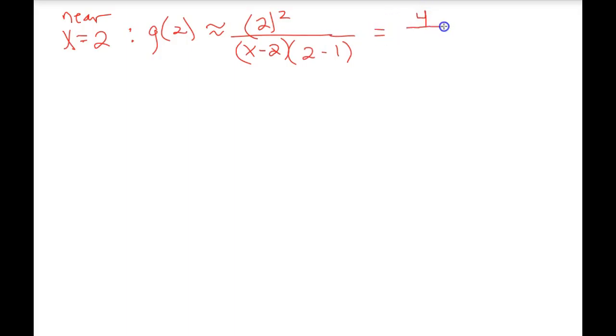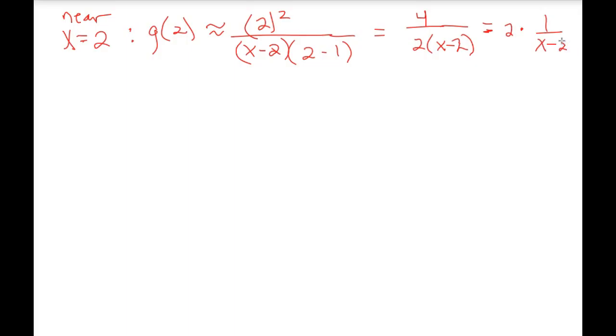So that gives us 4 divided by 2 times x minus 2, which gives us 2 times 1 over x minus 2.